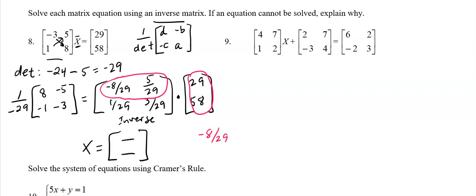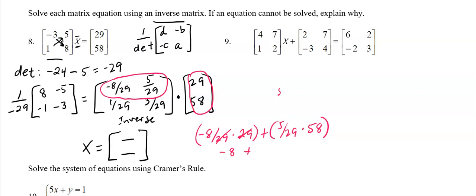Negative 8/29 multiplied times 29, and then the second two elements, 5/29 times 58. Well, think of the 29 as 29 over 1. Those are just going to wipe each other out. Negative 8/29 times 29 over 1 means that I end up with just negative 8.